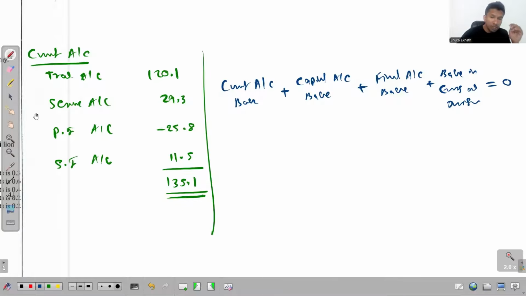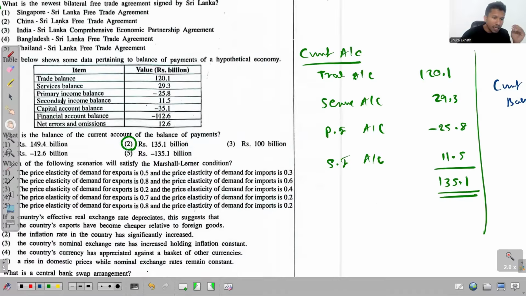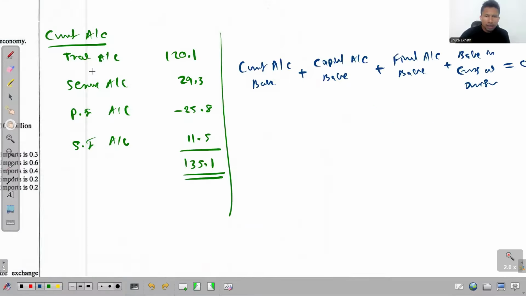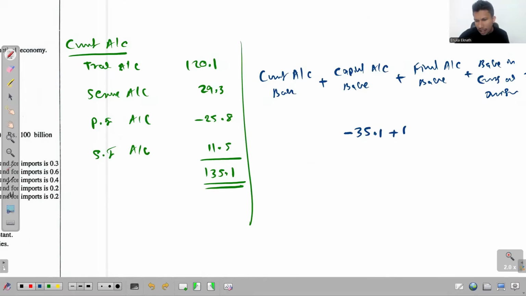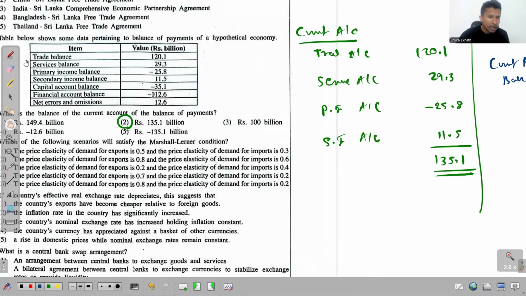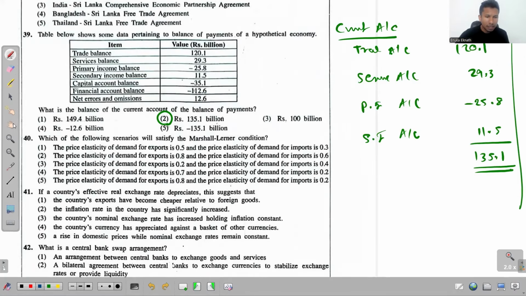And if you closely observe the given values, we get the capital account balance as minus 35.1. See, you write capital account balance, that's minus 35.1 plus financial account balance is also a minus value, that's minus 112.6 plus balance in the errors and omissions account, that is 12.6.